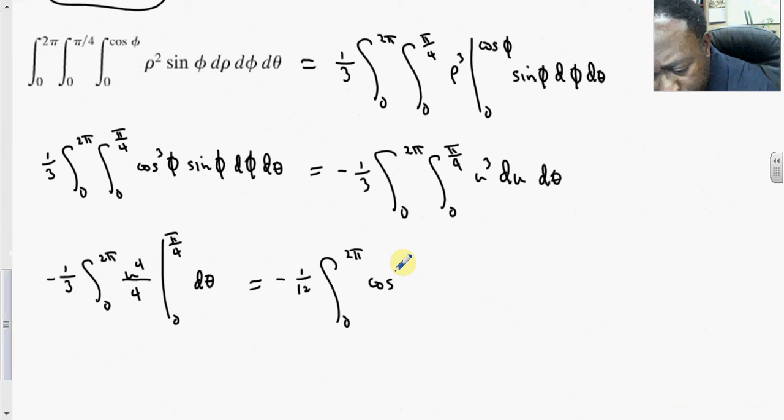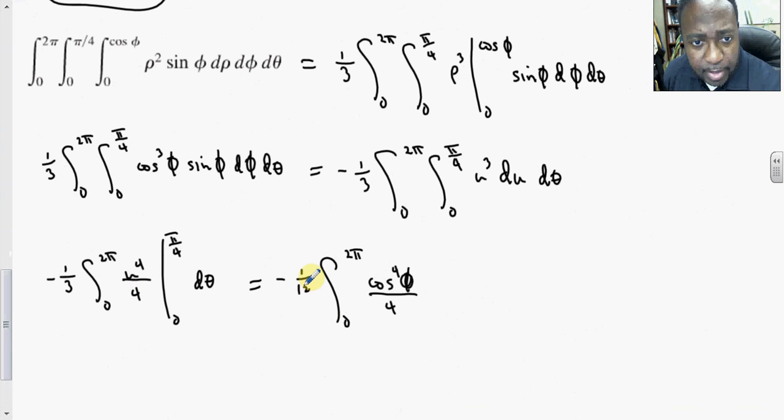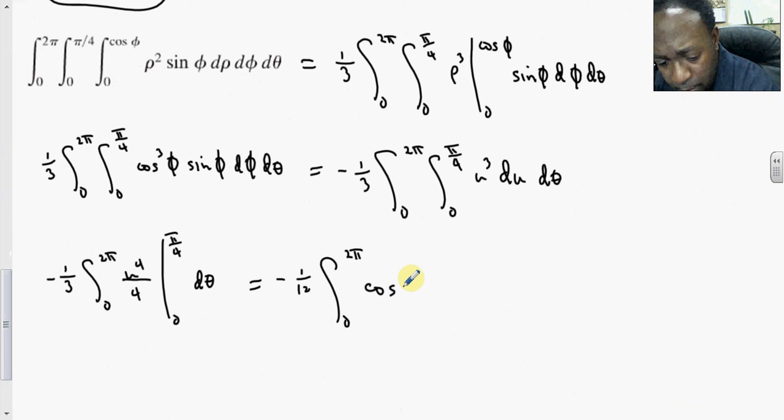Cosine to the 4th phi, that's evaluated from 0 to pi over 4, and then d theta.